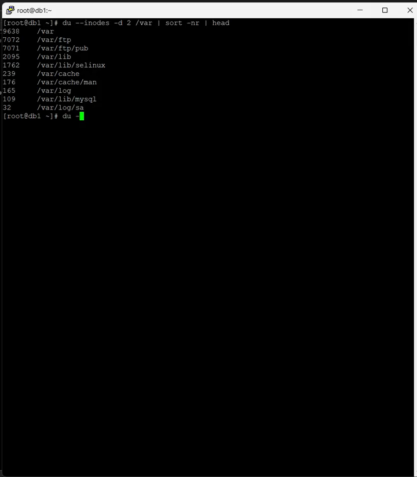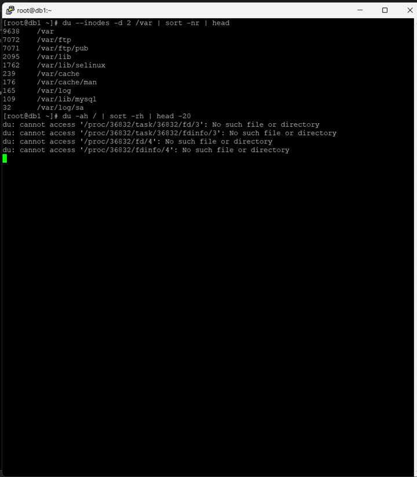We can use du -h / | sort -rh | head -20. This command gives us the directories which are consuming the most space. It lists out which directories consume the most space.